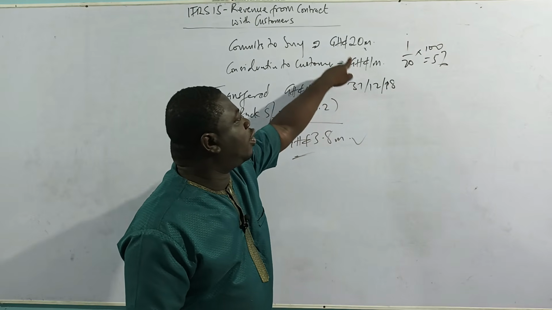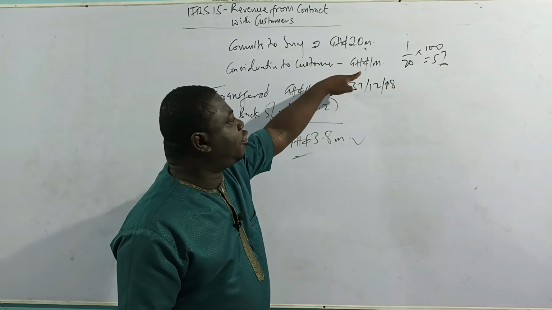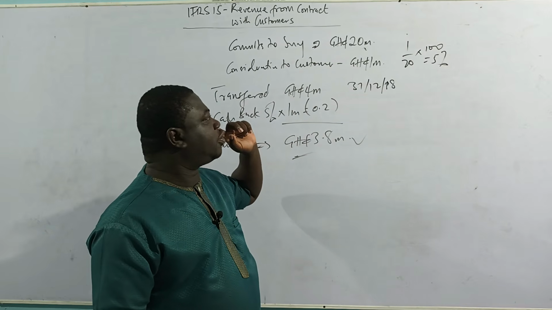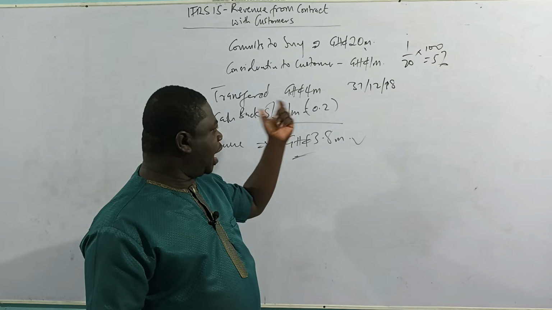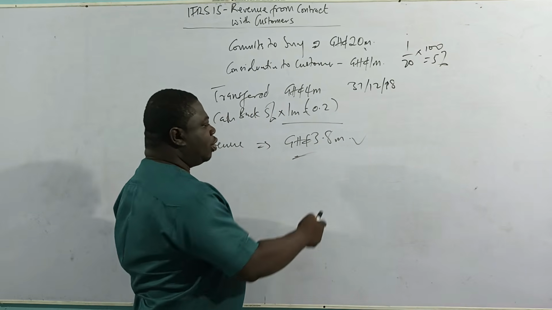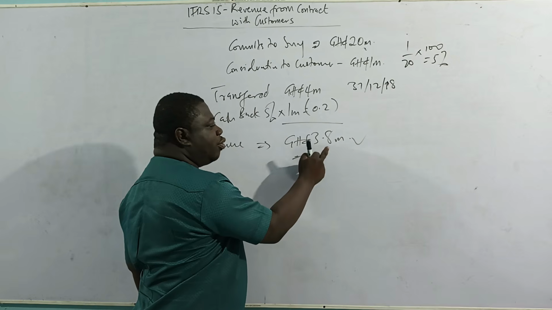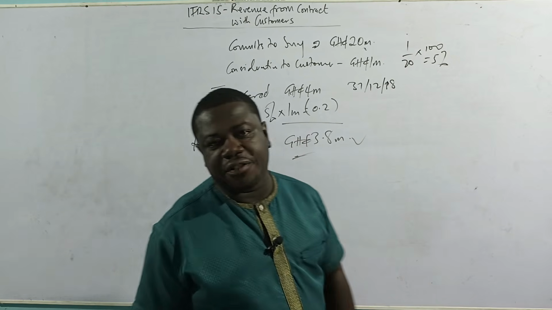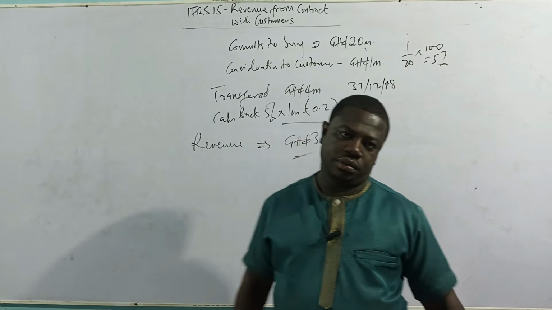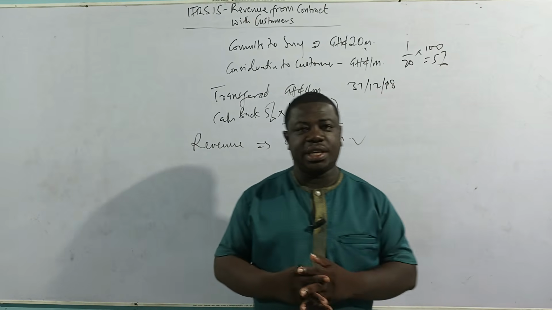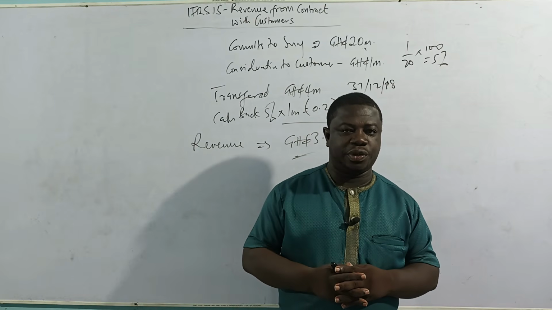That is a proportionate fraction of how much we are supposed to give in all per what we have supplied. So in the year end, Golden Gate Company will recognize 3.8 million in their financial statement for revenue from the contract. That is what we are saying. I don't think this is very difficult for you to understand.